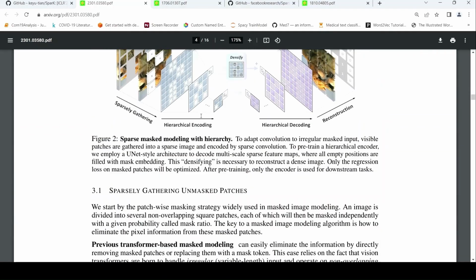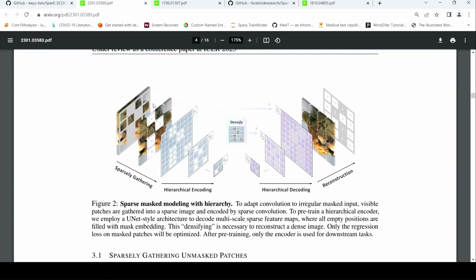So in summary, what have they done here? You have an input image, and you mask certain regions of the image. Then they have something called sparse gathering to convert it into some kind of 3D representation, on which they do sparse convolution, through which they do hierarchical encoding, and they also have hierarchical decoding to reconstruct the image.